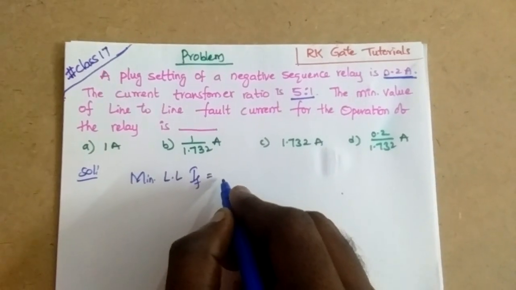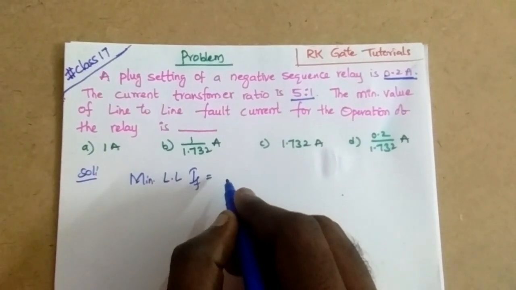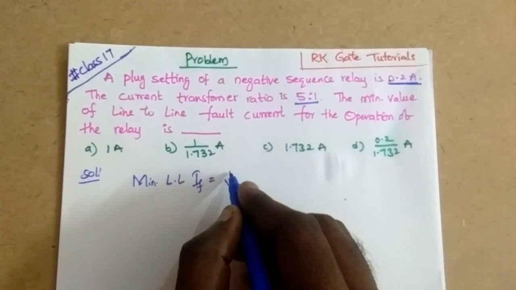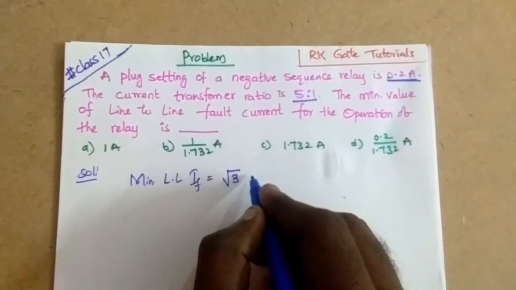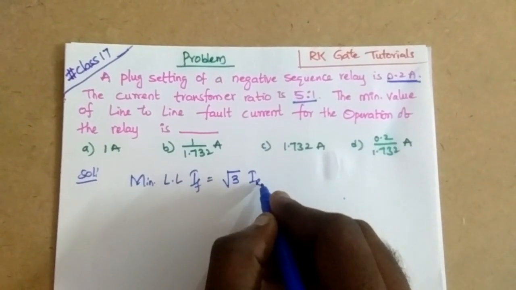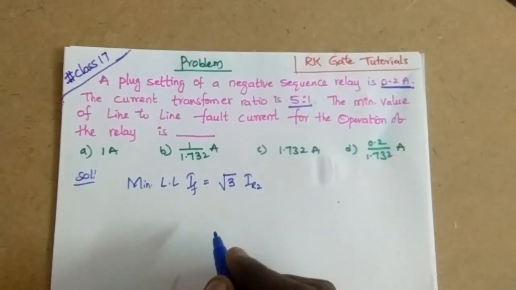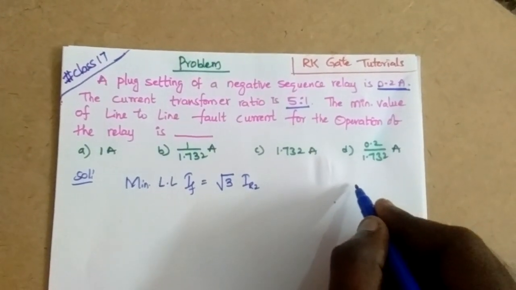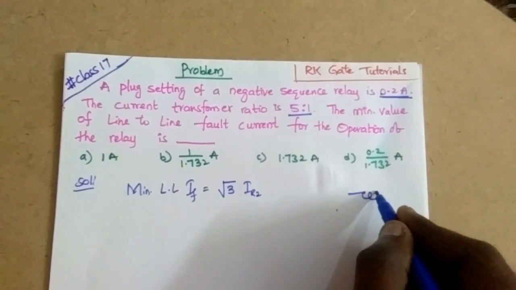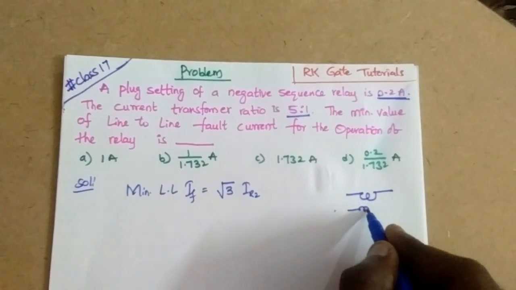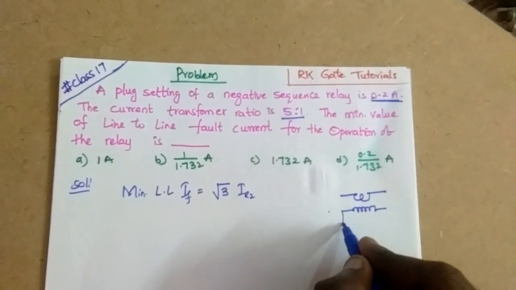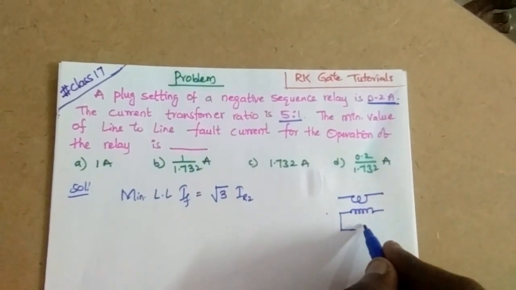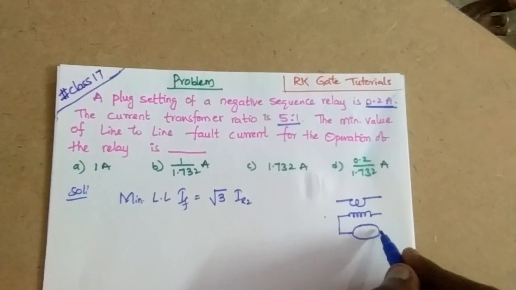So it is given by the formula. If you go for the faults, you will get √3 times IR2. Let us say this is the negative current, because we are using the negative sequence relay. So the relay will be like this. Here the CT will be, and here the secondary of the CT, to which the negative sequence relay is connected.